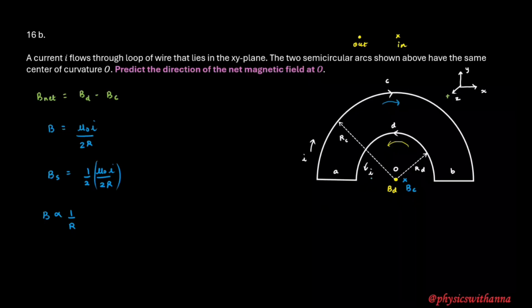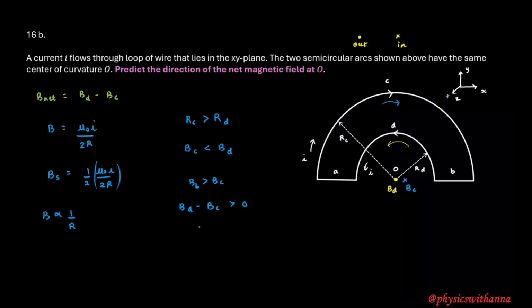And if you compare the two cases over here, we see that the distance for segment C is greater than the distance for segment D. If the distance of segment C is greater, that means the magnetic field at point O because of segment C must be smaller in magnitude compared to the magnetic field due to segment D. If BD is greater than BC, the difference BD minus BC will also be greater than 0.